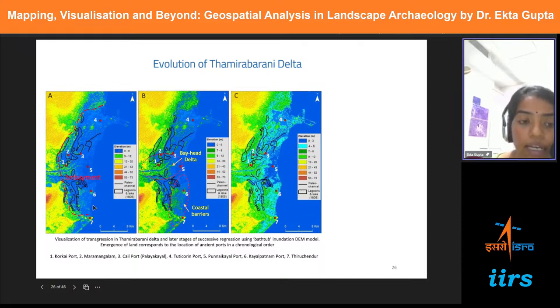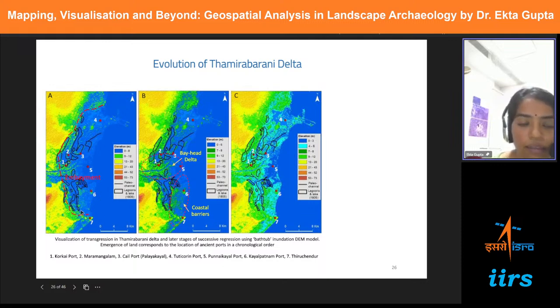But I would like to mention here, because the topography in the past, like 2000 years back, would have been very different, making a correct model is really difficult. Features like the bayhead delta and the formation of the current landscape have changed it a bit. So this model doesn't exactly show what it was like, but it gives us some idea of how much would have been inundated.